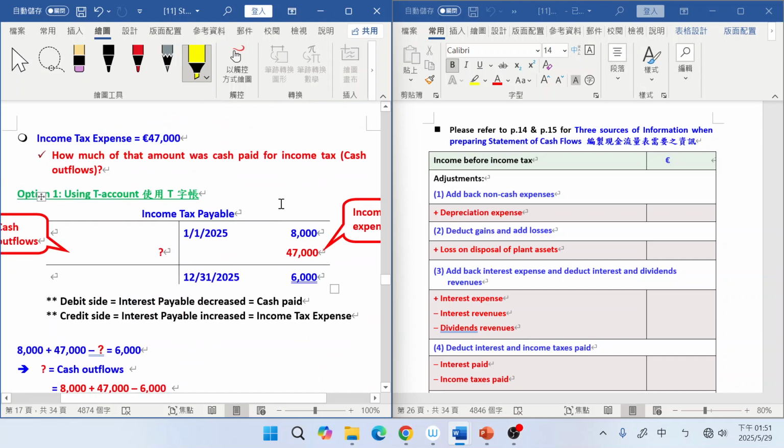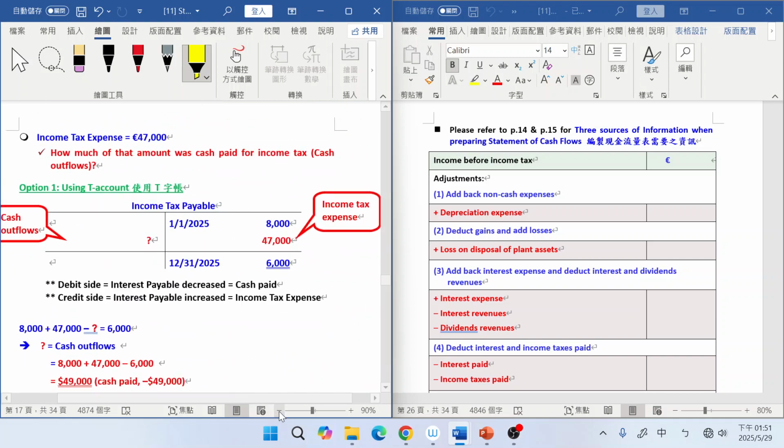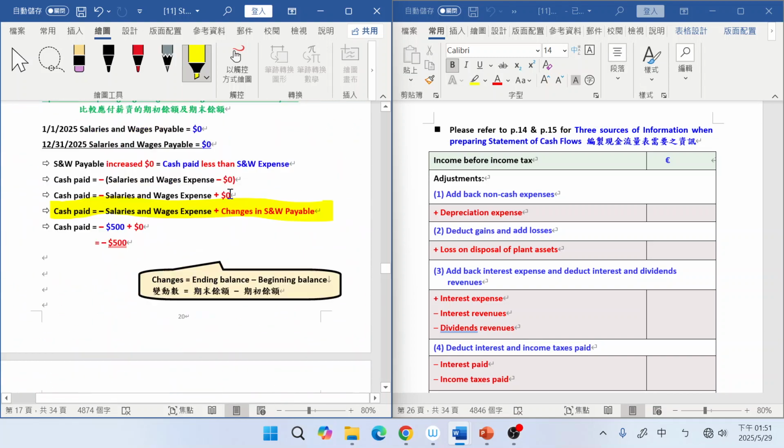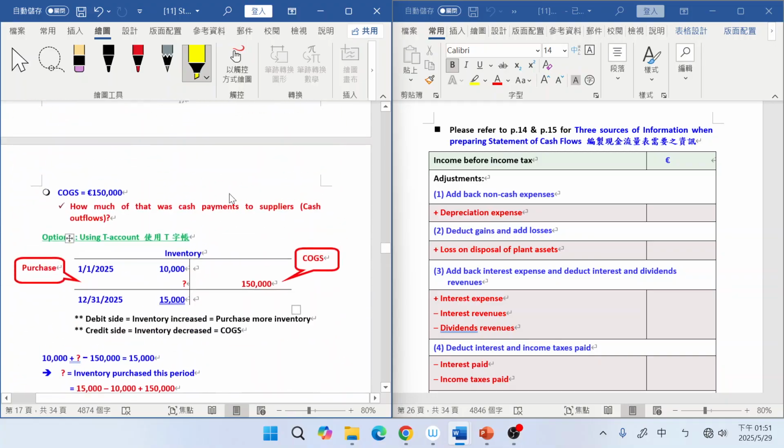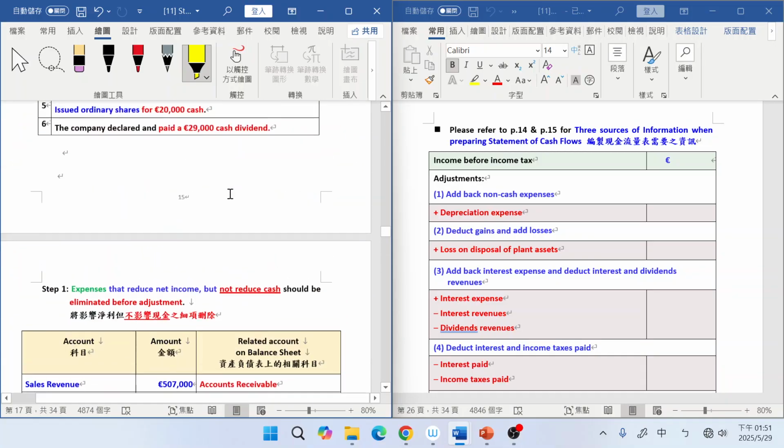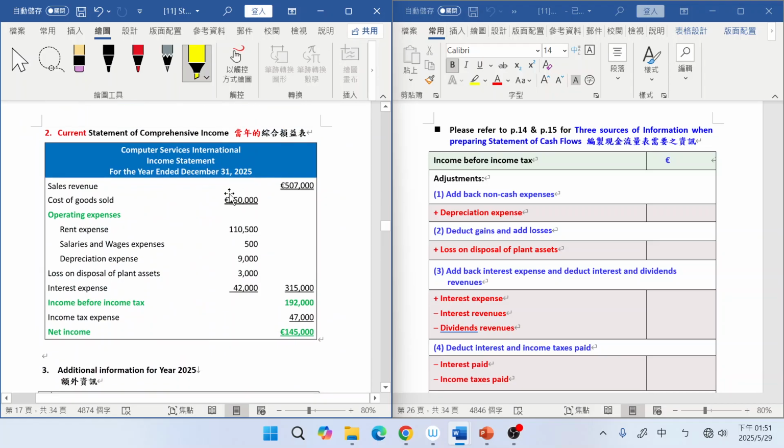The information you need is on page 14 and 15, so you should go back to 14 and 15. Based on the information on page 14 and 15, we should look at 15 first, the income statement. Based on the income statement, our start point, which one?